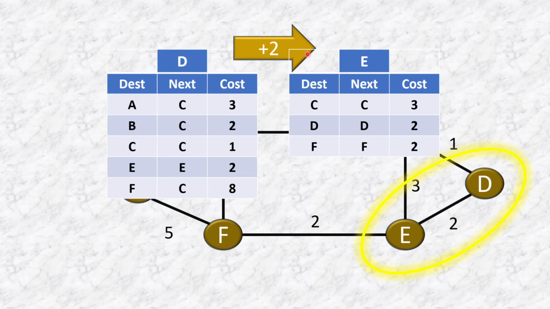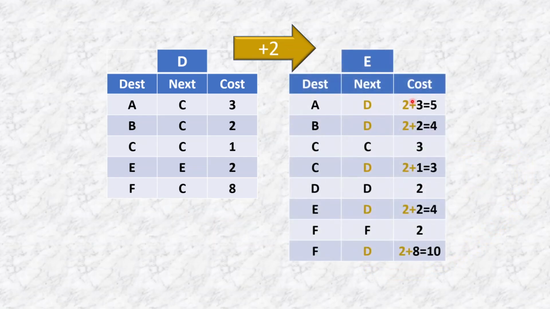However, to get to D will cost us 2 units. So where we've copied these costs, we have in all cases indicated that it is 2 plus whatever the cost used to be. So for the cost to get to A, we will ask neighbor D to help us out, but to get to neighbor D will cost 2 units, and then neighbor D will be able to do it at a cost of 3.